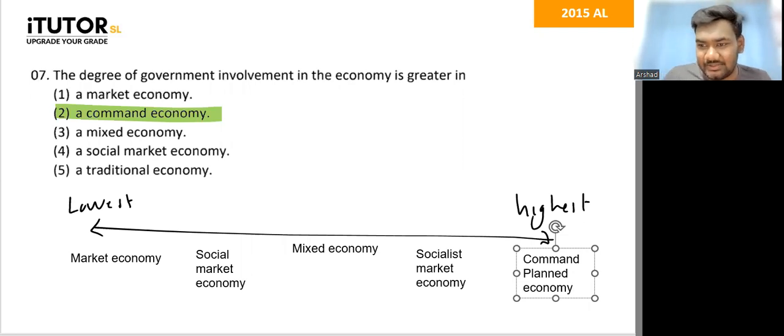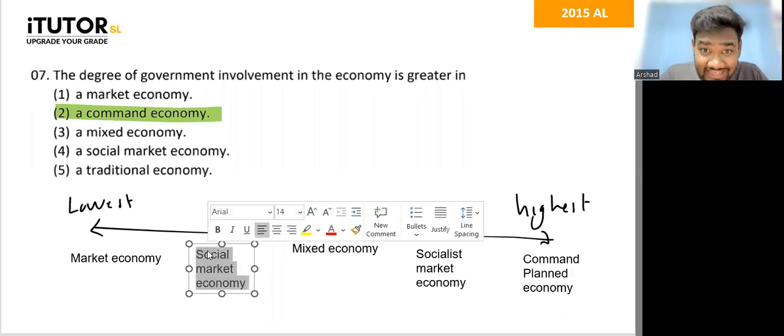The difference between social and socialist: a social market is very similar to a market economy, but the government will intervene to promote social justice. For example, in a country like Sri Lanka, the private sector is more dominant compared to the government.